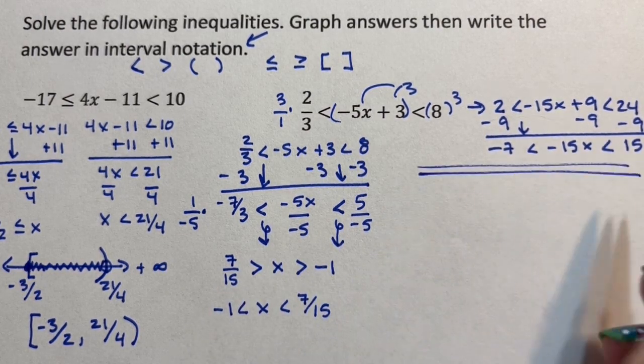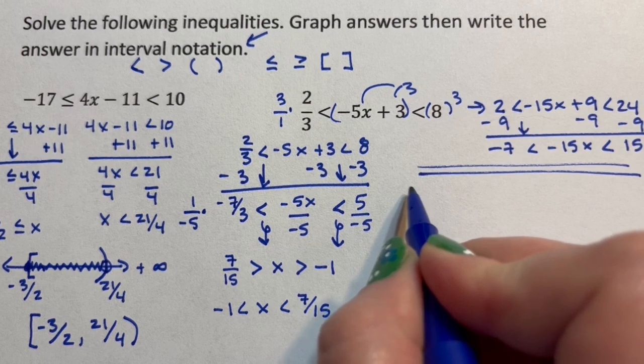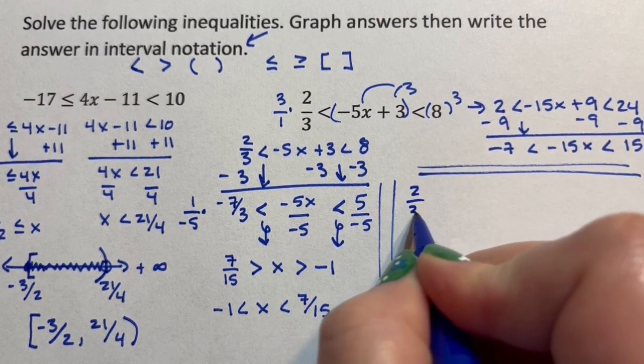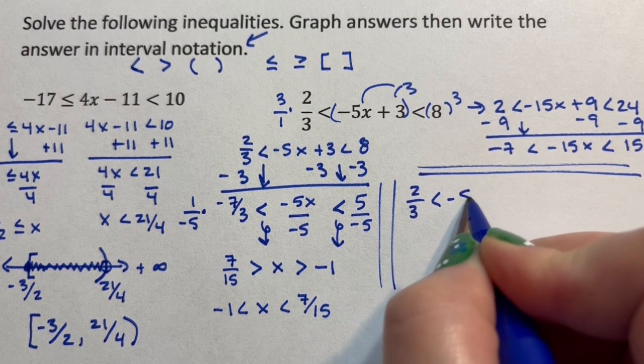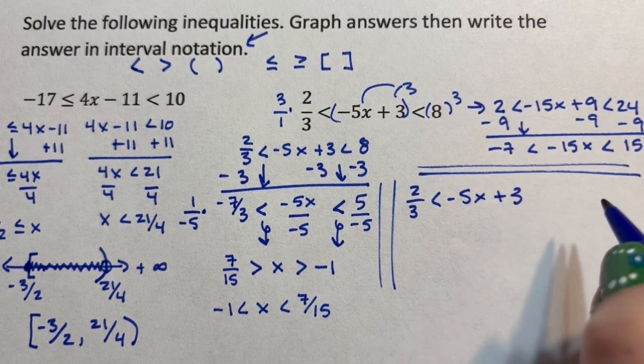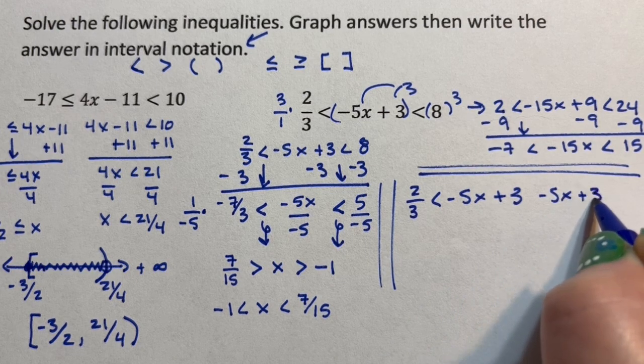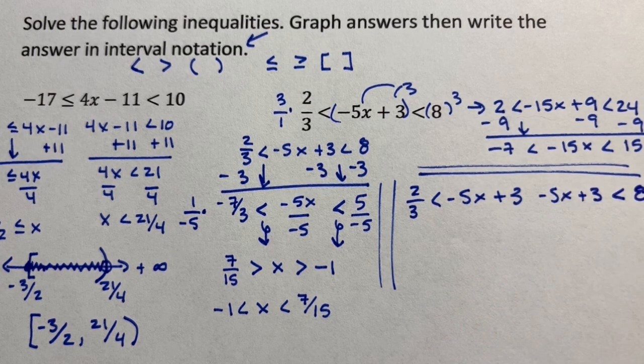The last thing is you could also take 2/3 is less than -5x plus 3, and -5x plus 3 is less than 8. You could separate it into 2.